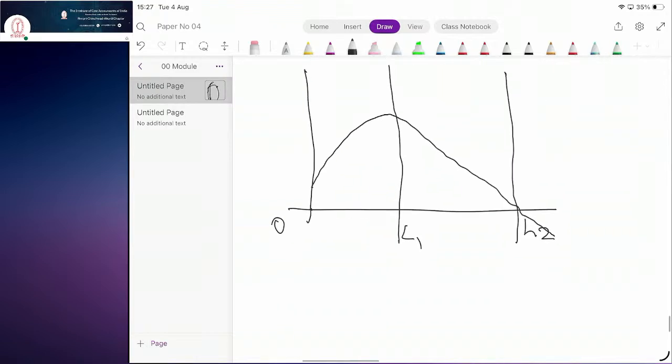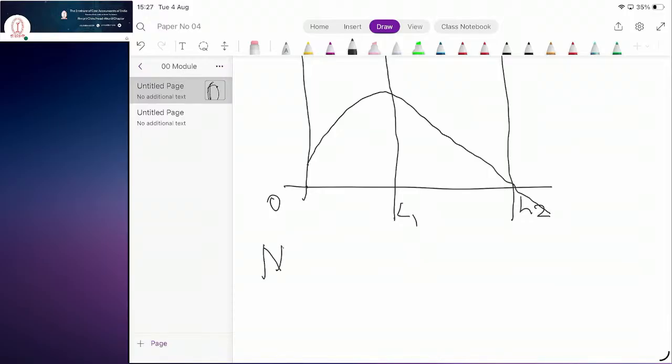So you have written what is marginal product of labor? Additional output from using one more unit of labor.